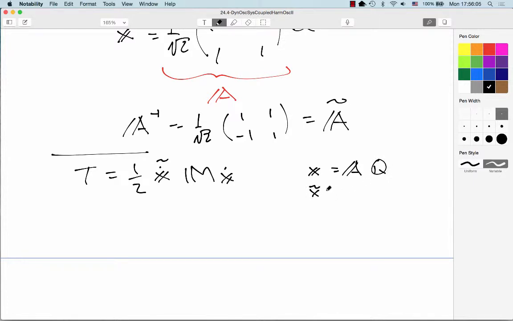And so then that means x twiddle would be equal to q twiddle A twiddle, where remember the big twiddle is the transpose.